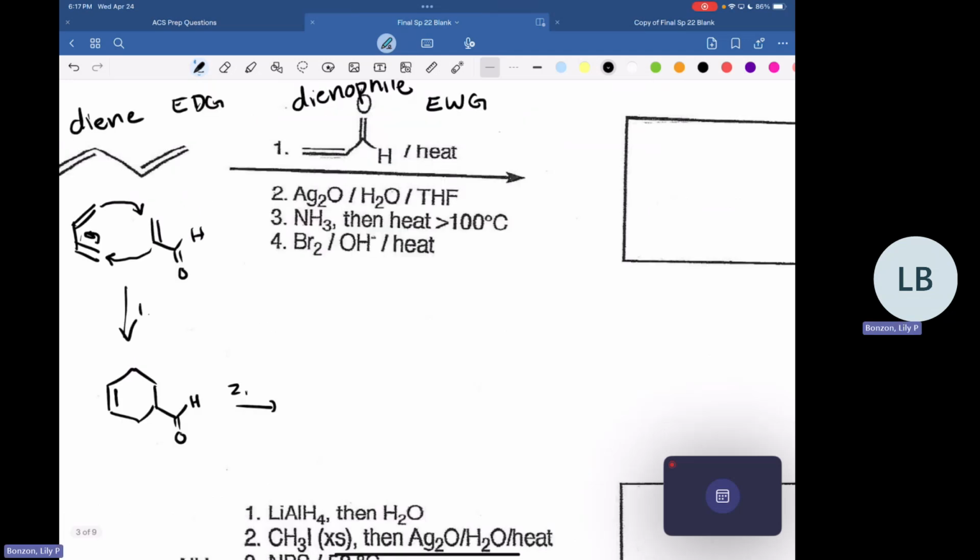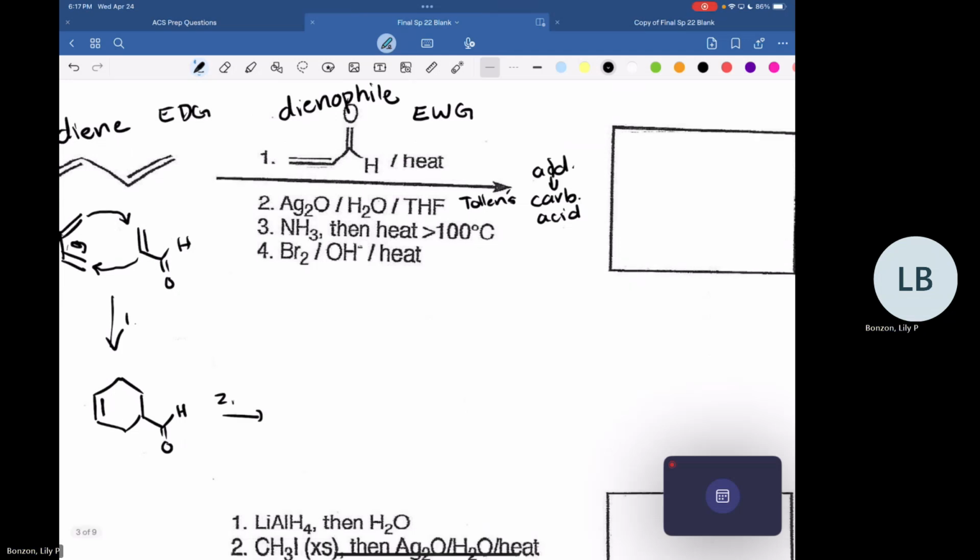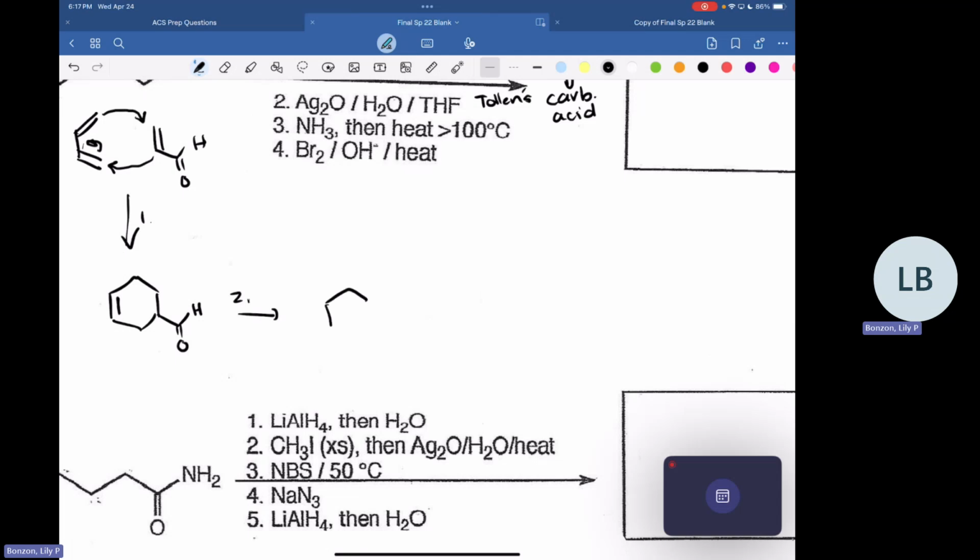Step 2, we've got Ag2O, H2O, THF. This one is not Tollen's reagent, but it's similar to Tollen's reagent, where it turns an aldehyde to a carboxylic acid. This one's very mild, so it doesn't affect any other groups in there. So we're just going to turn this one into a carboxylic acid.